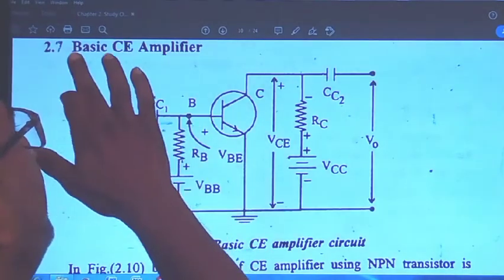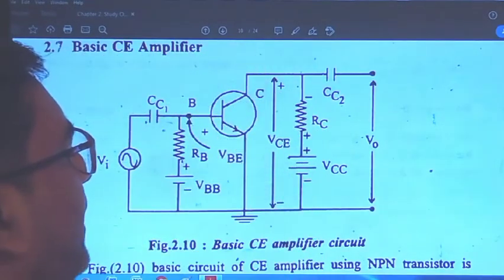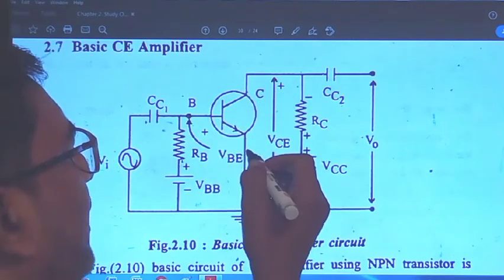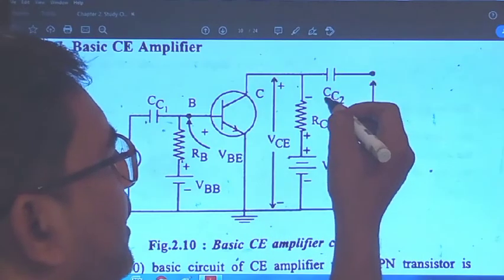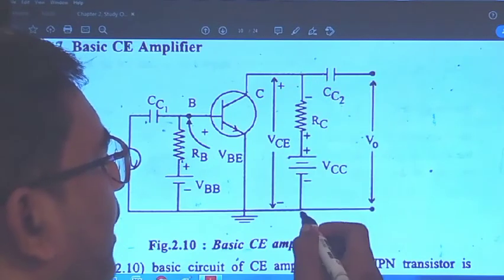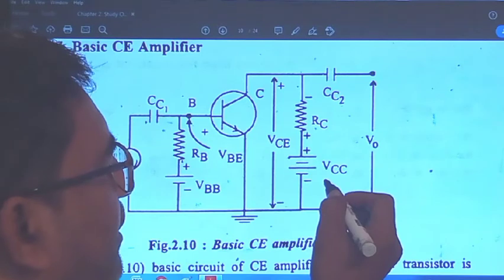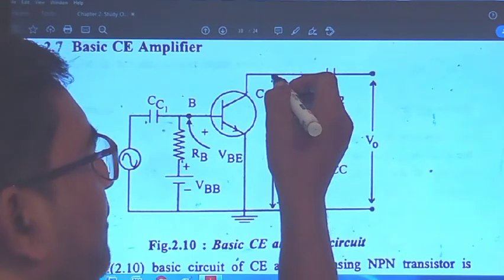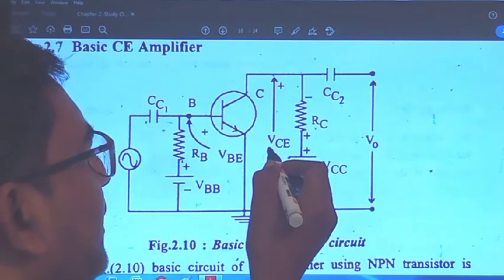Then the basic common emitter amplifier. Here the circuit diagram has been drawn like this, with the collector, base and emitter terminals. At the collector terminal, C2 is a capacitor. Between collector and emitter, we have connected the resistance RC and the voltage source VCC, and the voltage measured from collector to emitter is indicated as VCE.